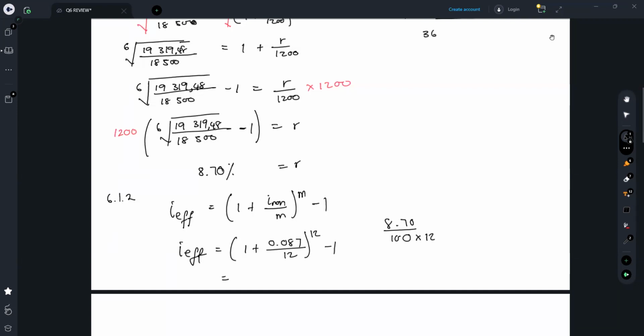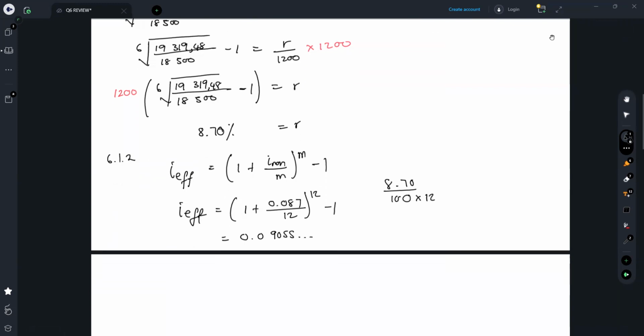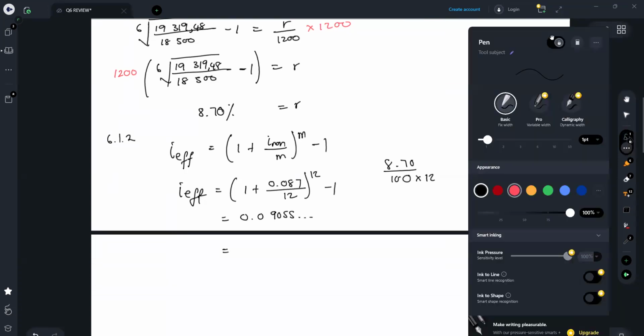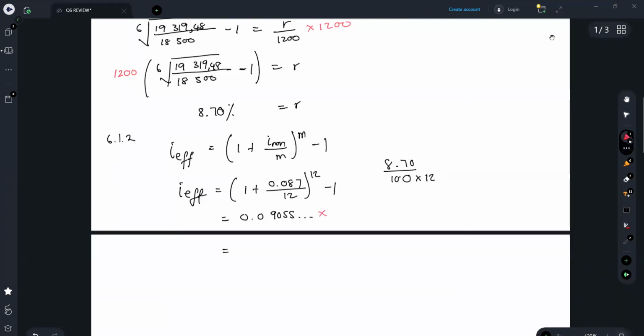And here we're going to find a number which is going to be 0.09055 and some more values. So what I would like to do is keep these values. Then for my final answer, I will multiply the decimal up here by 100 to change it into a percentage.